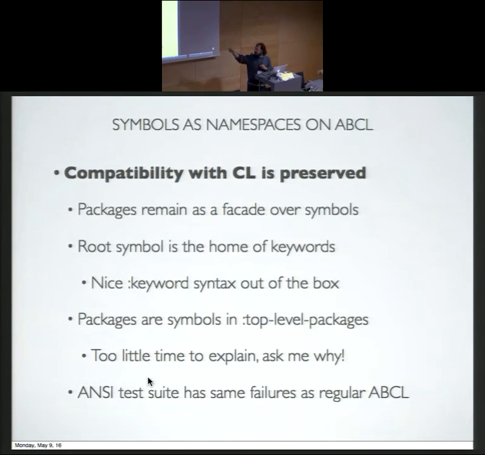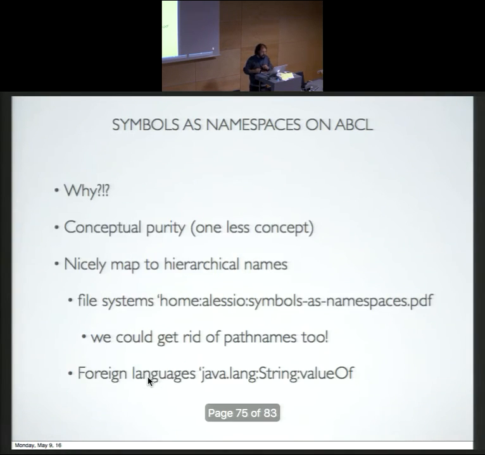Packages are symbols in a special package, and it's too long to explain why. And the ANSI test suite has the same failures, so I'm quite confident it's ANSI compatible. Why did I do that? Because it appears to be a nice concept. It seems less pure, more pure, with more or less concept.